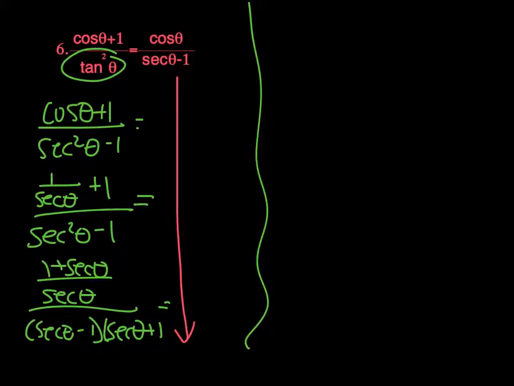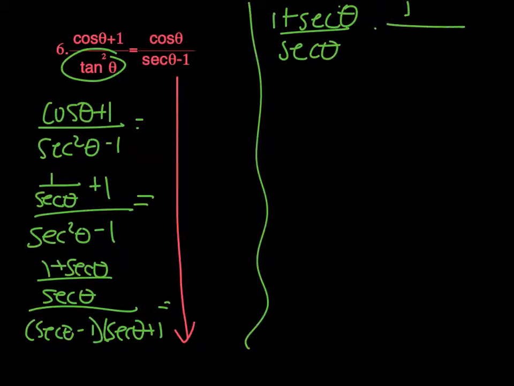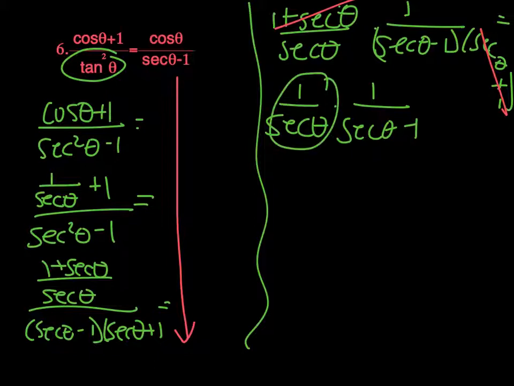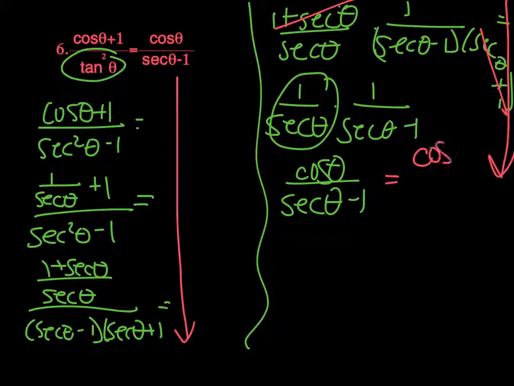If I copy dot flip it, times 1 over secant theta minus 1 times secant theta plus 1, these will cancel, and I'm left with 1 over secant theta times 1 over secant theta minus 1. 1 over secant theta is cosine, so you end up with cosine theta over secant theta minus 1, which is what you were trying to match. So they work.